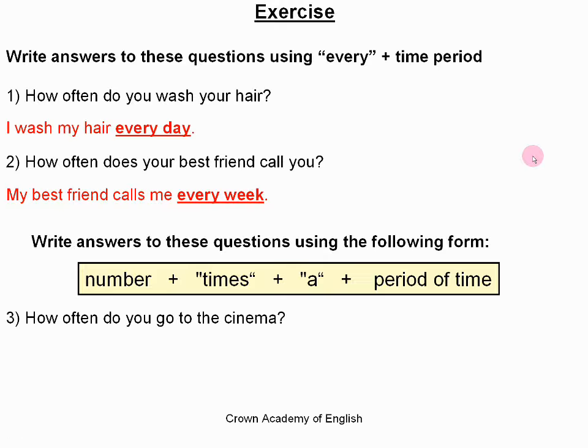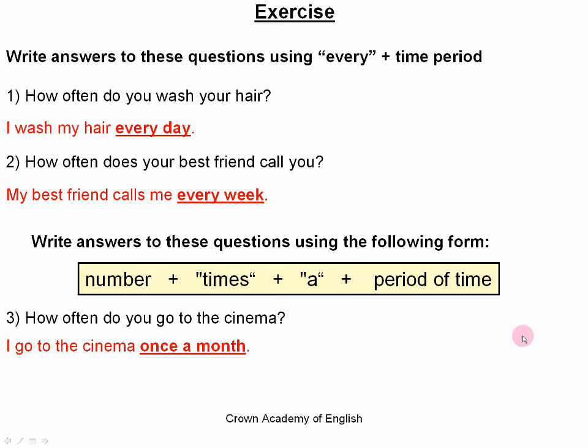How often do you go to the cinema? Well, here is my answer. I go to the cinema once a month. So remember, if the number is 1, we do not say one time, we say once.